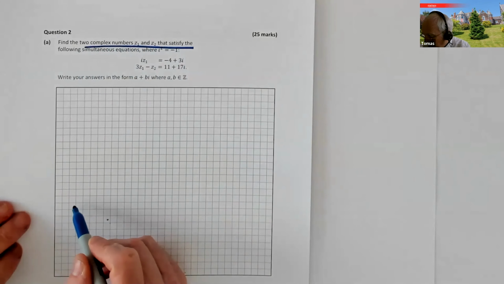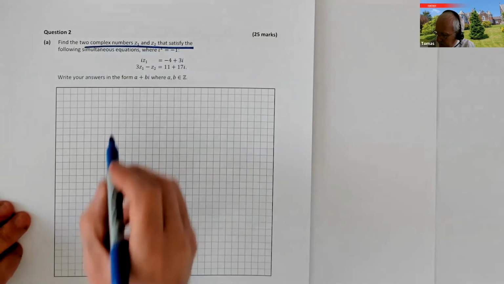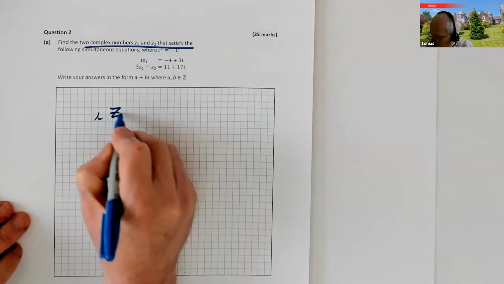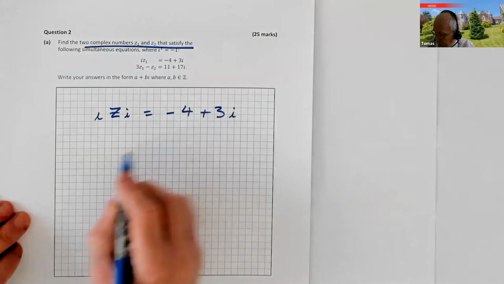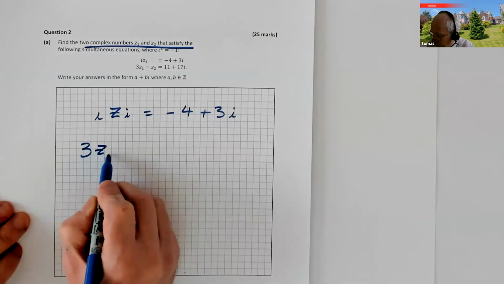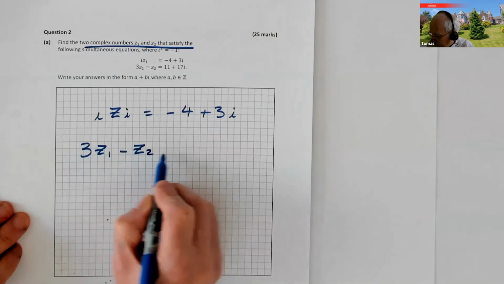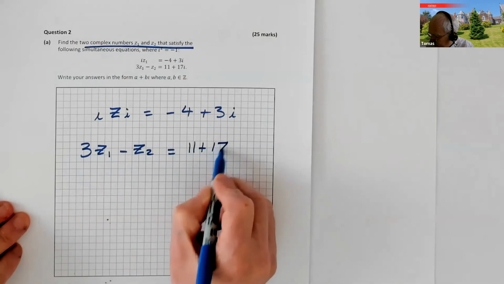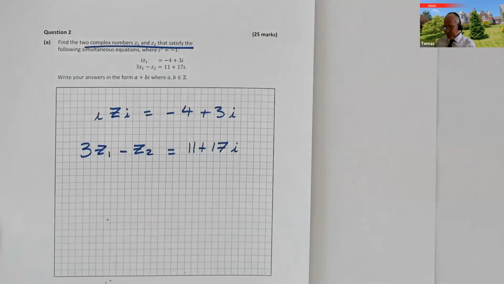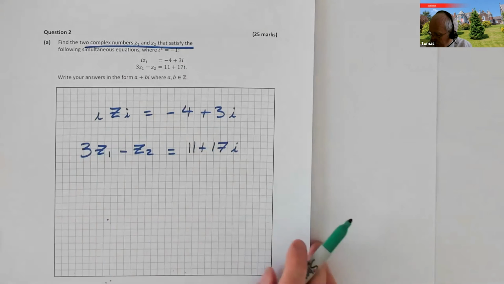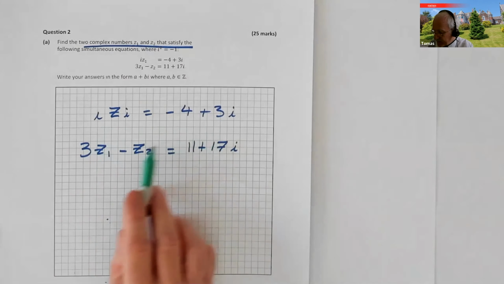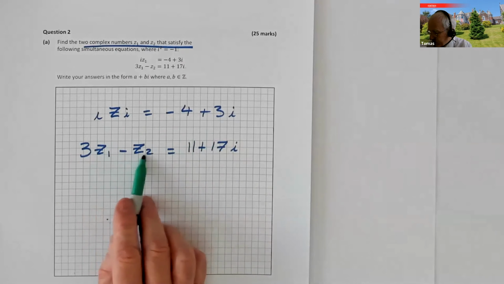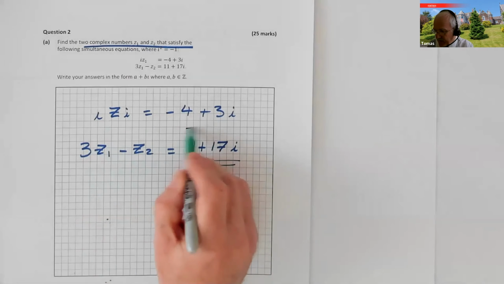Find two complex numbers that satisfy the following simultaneous equations: iz1 is equal to minus 4 plus 3i, and 3z1 minus z2 is 11 plus 17i. So give that a try for a minute.